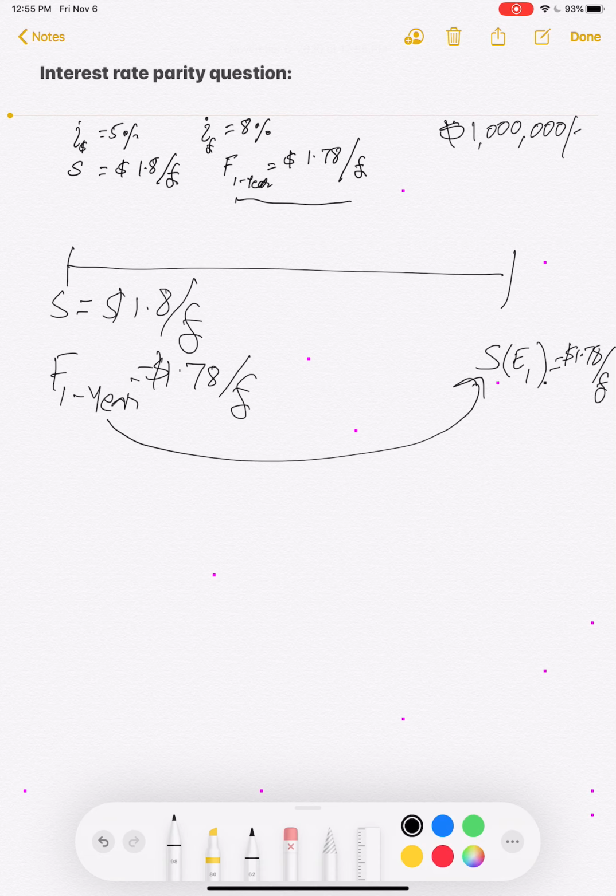And in order to do that, we need to check this equation. The forward rate for the number of days divided by the spot rate should be equal to, with currency D and currency F, where F is the base currency.